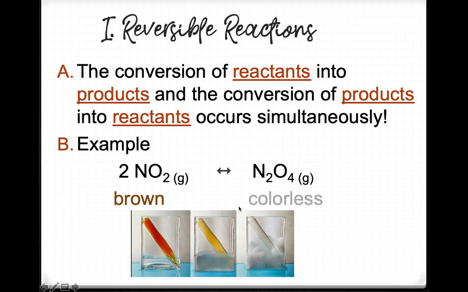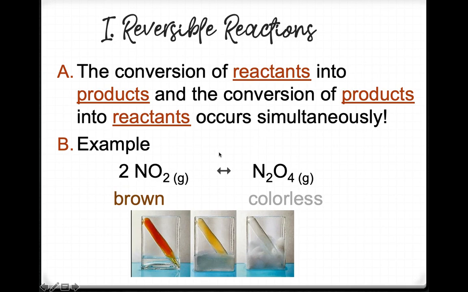So this would be based on temperature, which of these is more likely to form. Visually, you'd be able to see brown versus colorless, back and forth. Sometimes this breaks apart into that, and sometimes these two molecules combine together, synthesis, to make this. So that's the idea of a reversible reaction.